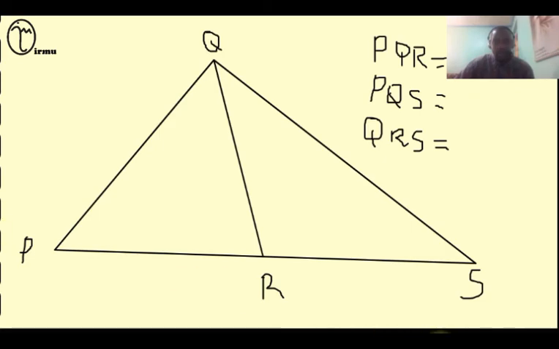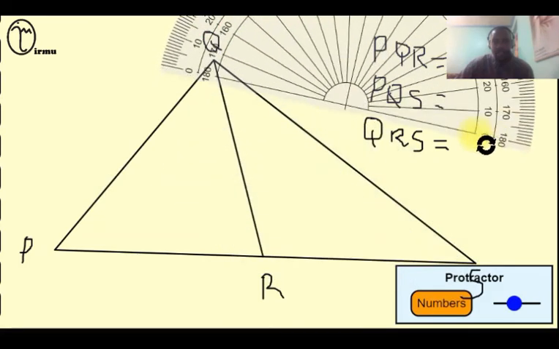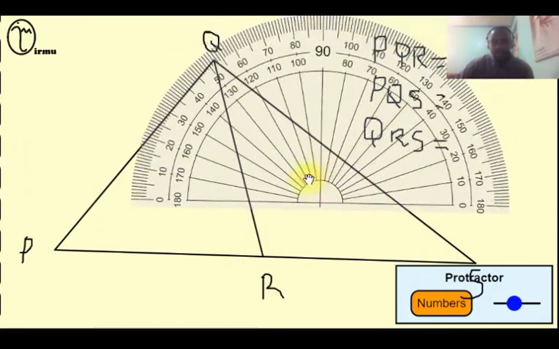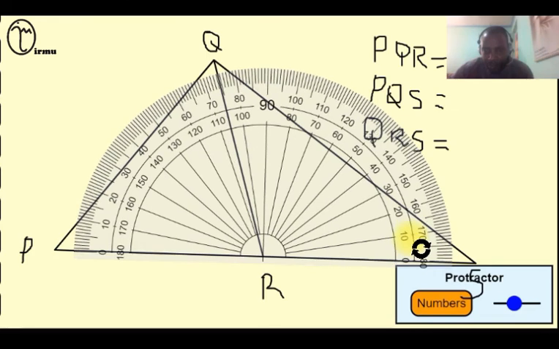So I get my protractor, I use the baseline as line RS, this line. I match it properly with the 0 mark, and then since it is angle QRS and I've used RS as the baseline, I'm going to count all the way until I meet this other line here.